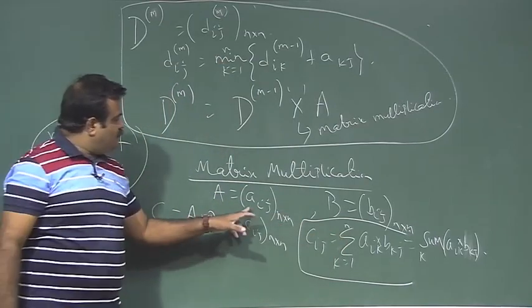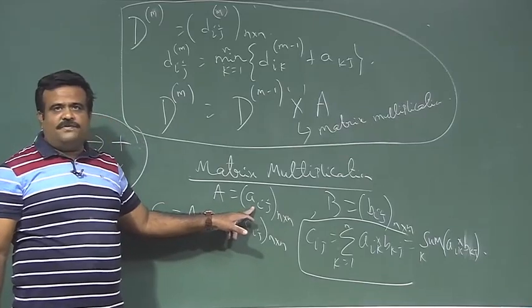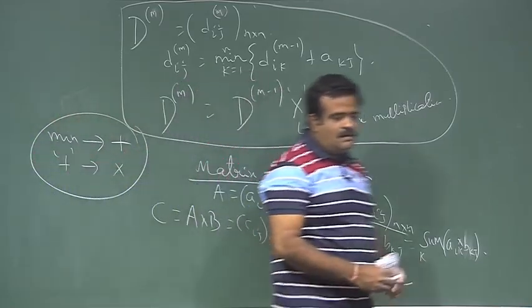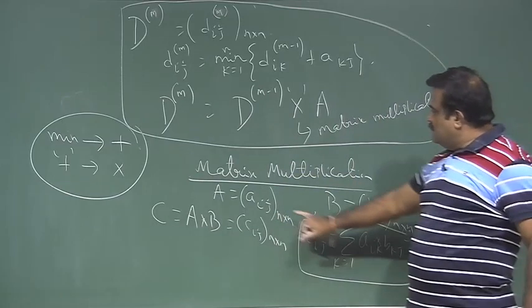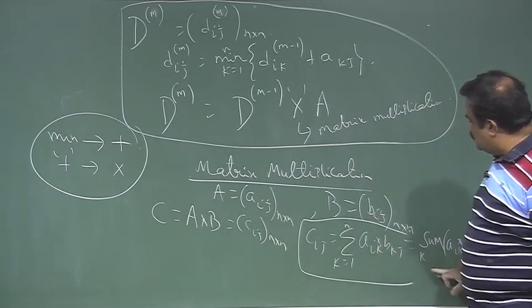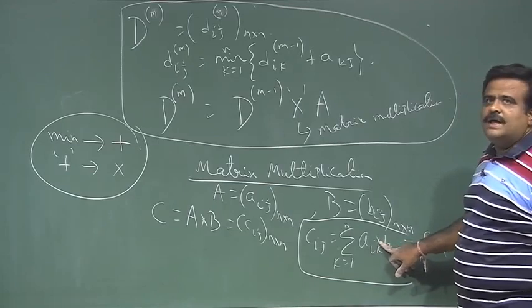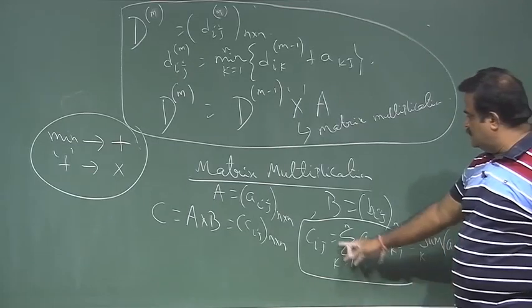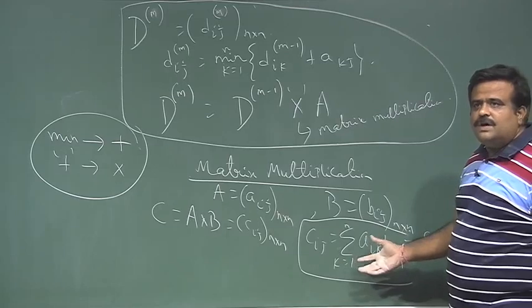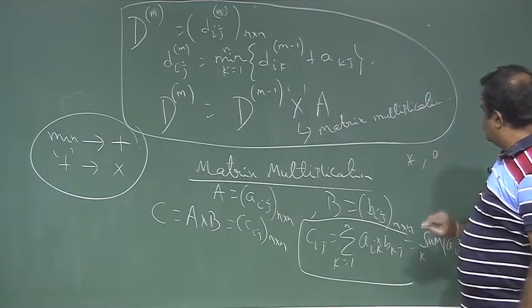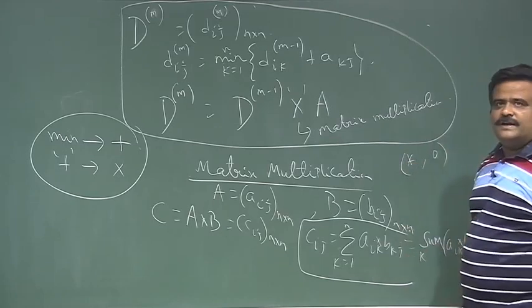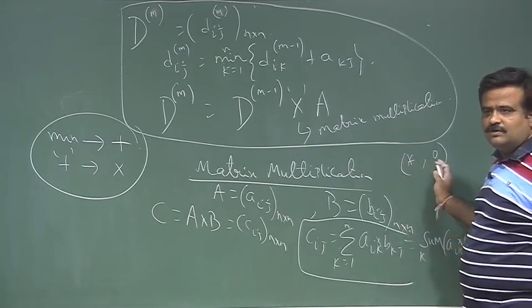In general, numbers may come from a general field with two operations, one a multiplication operation and another a summation operation. Similarly, if we have other operations, say star and another symbol, then we can also define matrix multiplication over this field.